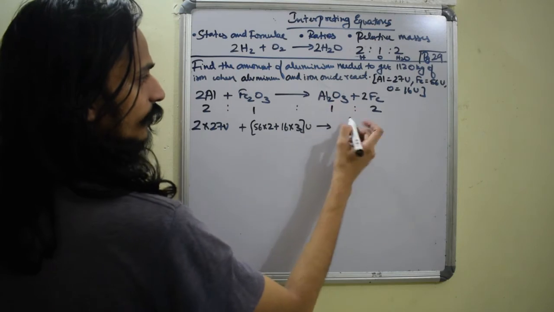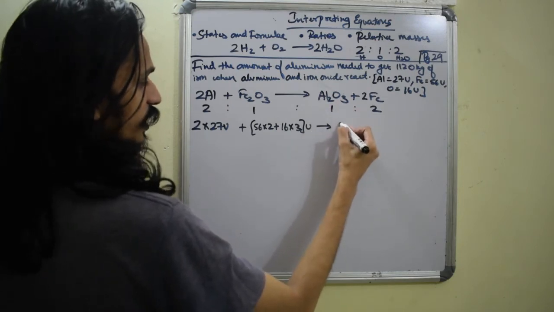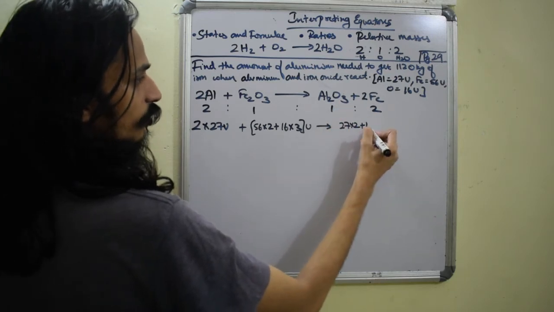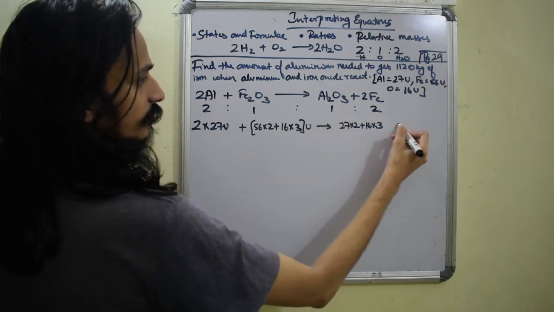Will give me Al2. So Al is again 27 into 2 plus O is 16 into 3.